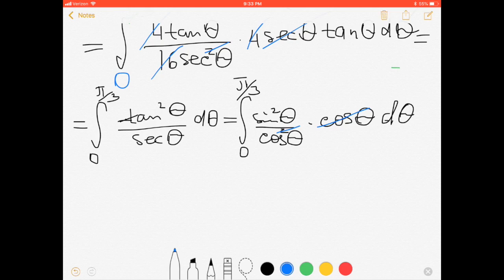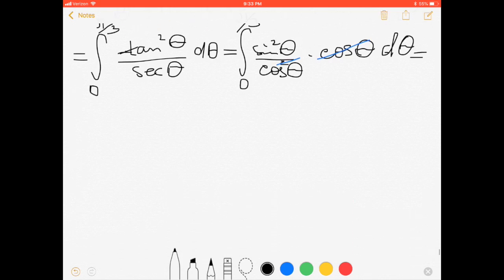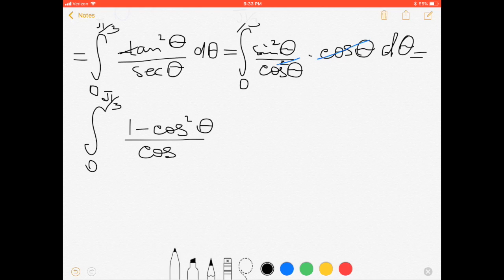I can use some kind of rule, but here I can do it an easier way. I remember that sine square is 1 minus cosine square theta divided by cosine theta d theta.